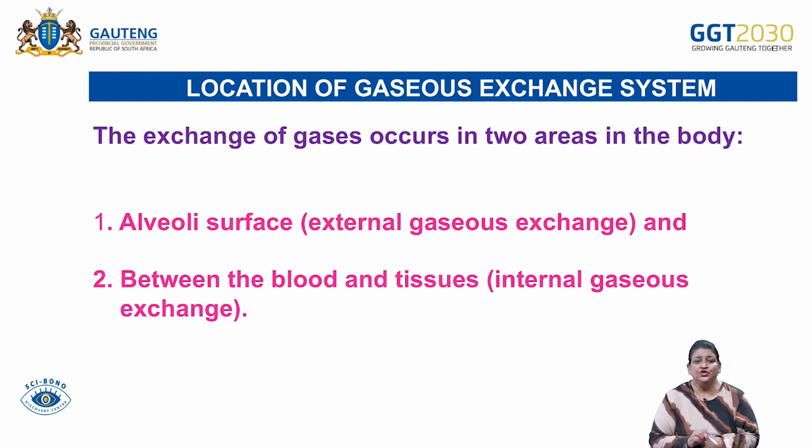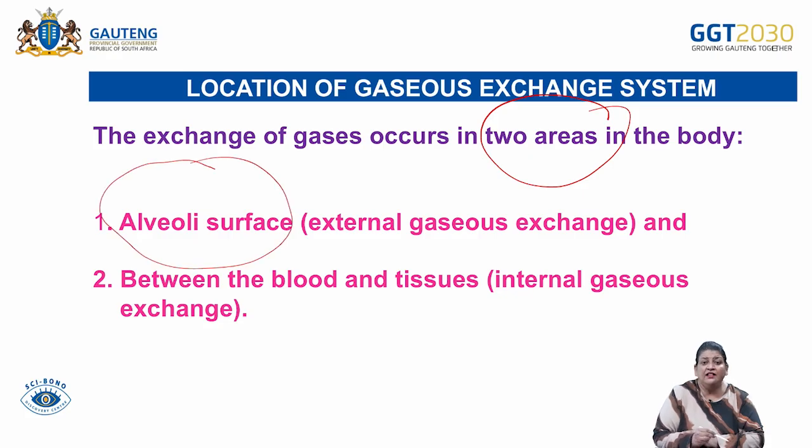So now we need to know exactly where is the gaseous exchange system or the ventilation system in the human body. The exchange of gases occurs in two areas of the body. So we have gaseous exchange, means gases are exchanged at two levels. The first level is at the alveoli surface. Do you remember we spoke about the alveolus being a pouch-like structure, like many little grapes in a bunch?